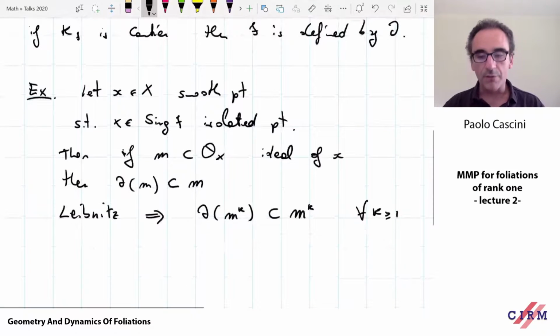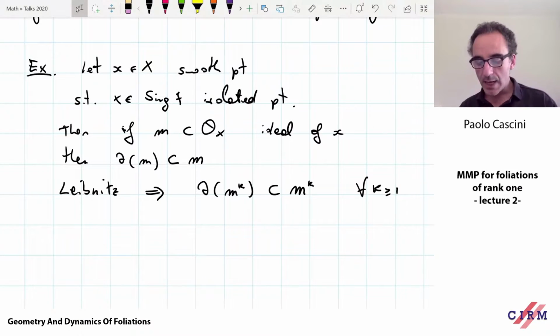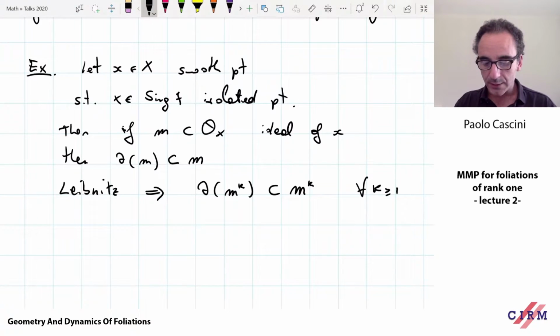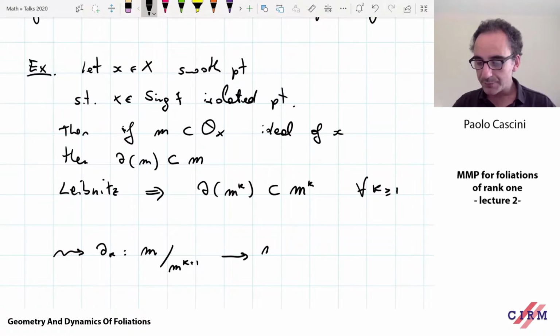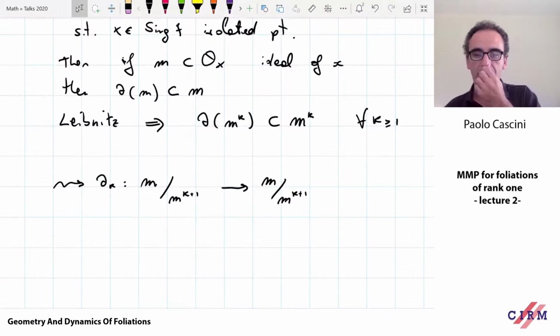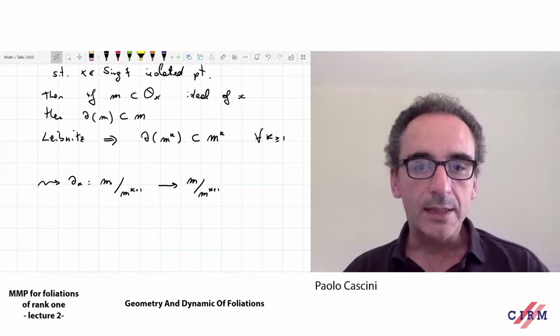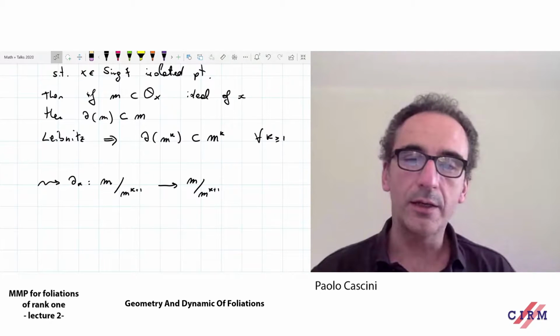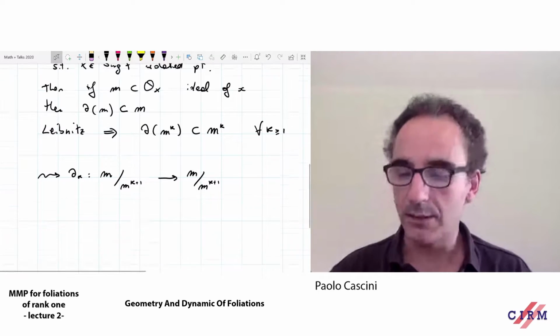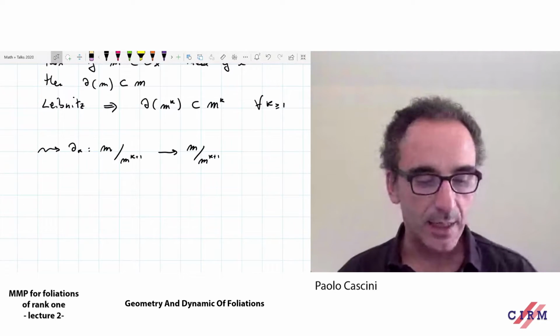So we can think of this derivation, this foliation at the point x, to be an endomorphism of this finite dimensional vector space. So this implies that we have an induced endomorphism from this quotient to itself. Again, this follows from the fact that the point x is invariant with respect to the derivation. Okay, so why is it good? Well, because these are finite dimensional vector spaces over the complex numbers, so we can use basic linear algebra.